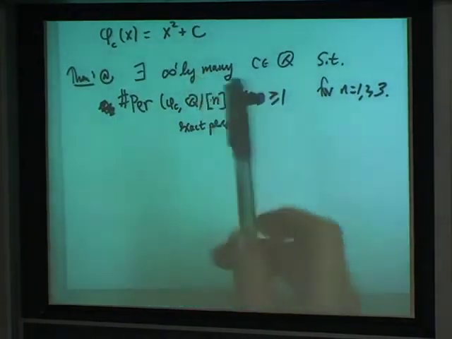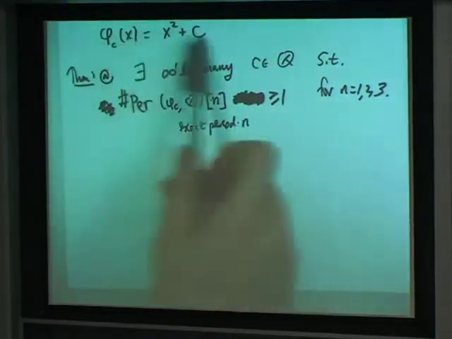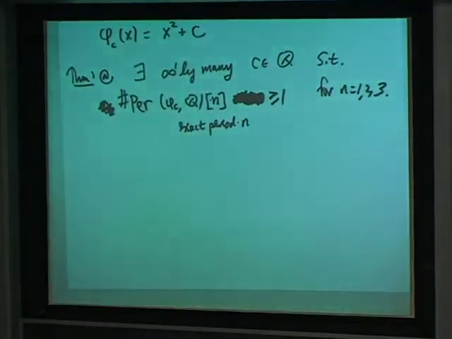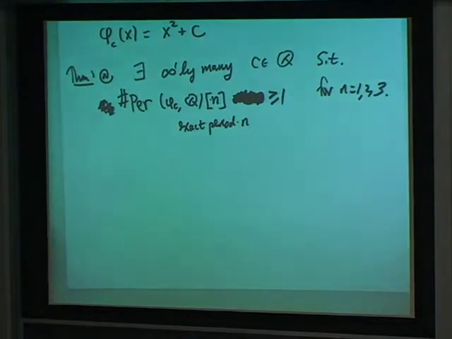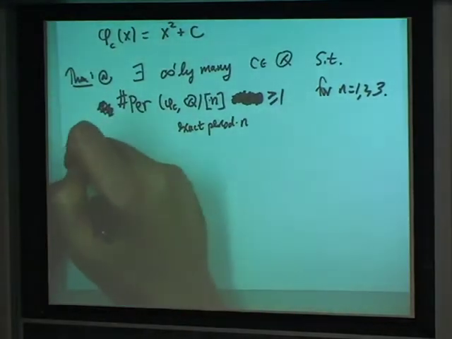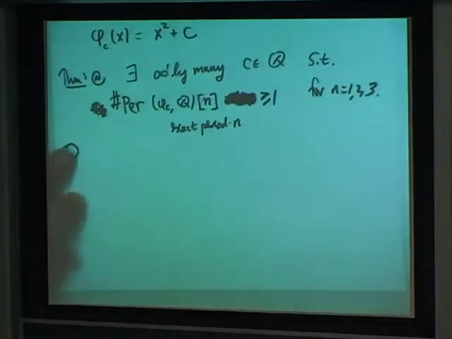There are infinitely many rational c values so that this has a rational fixed point or a rational point of period 2 or a rational point of period 3. Okay? And that's a nice exercise, actually. For 3, the algebra is a little bit messy, but it's not so bad.